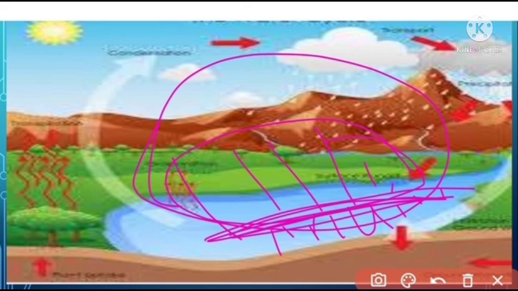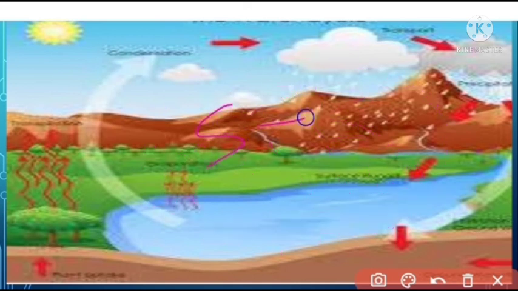Two components of a mixture are separated from one another by physical change. Here one phase of a substance is converted into another phase. Solid is converted into liquid, liquid is converted into vapor, and vapor is again converted into solid.